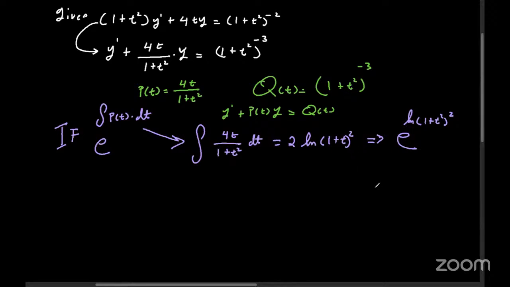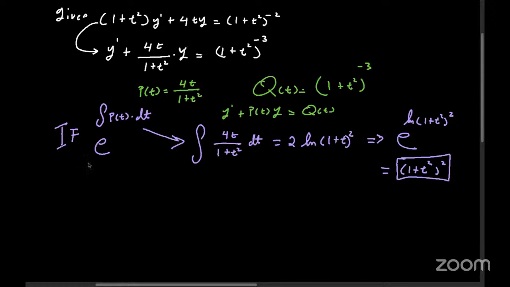But this is e to the natural log, so we're going to lose the e altogether, and you're just going to get 1 plus t squared, squared. That's what I think our integrating factor is. And now we need to multiply everybody by that, and then that will send us on our way.